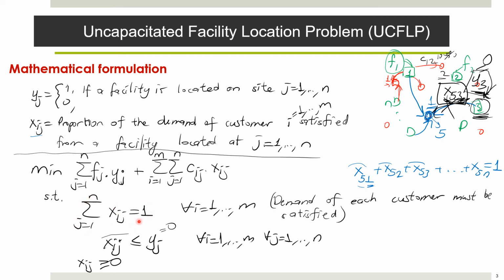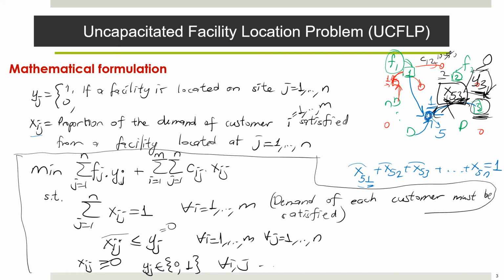If the summation is 1, then it cannot be greater than 1, simply. So writing only this one is satisfactory, and also Yj is a binary decision variable. It is 0 and 1 for all i and j. Okay? So this is your model formulation for the incapacitated facility location problem.